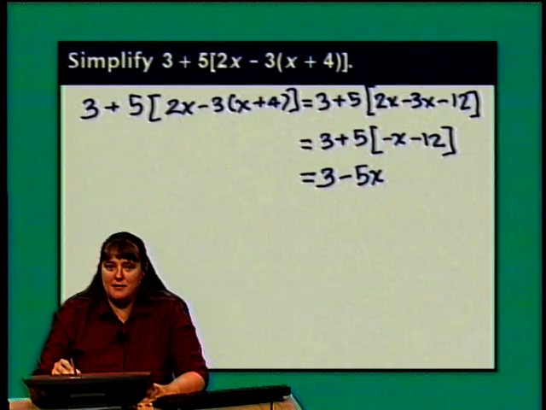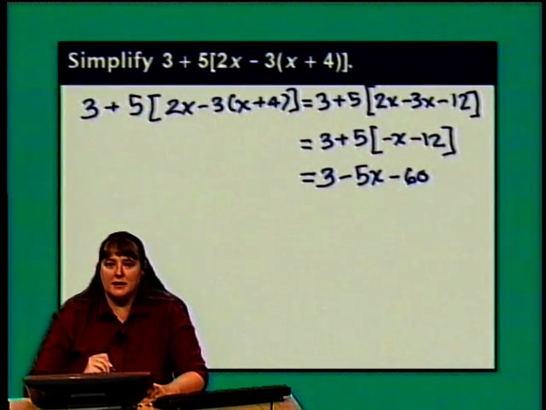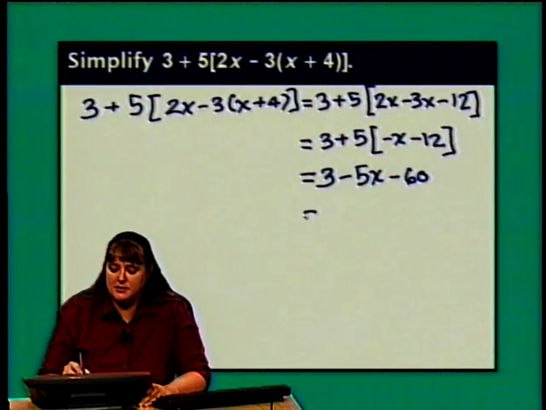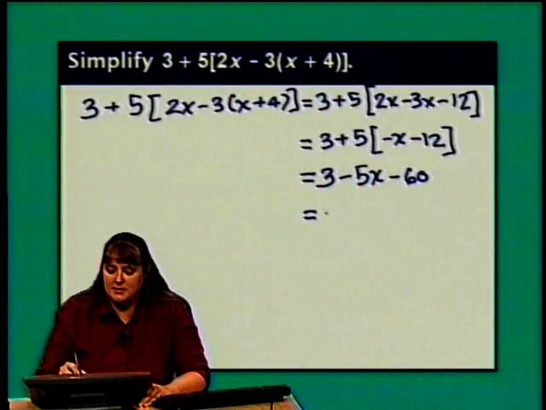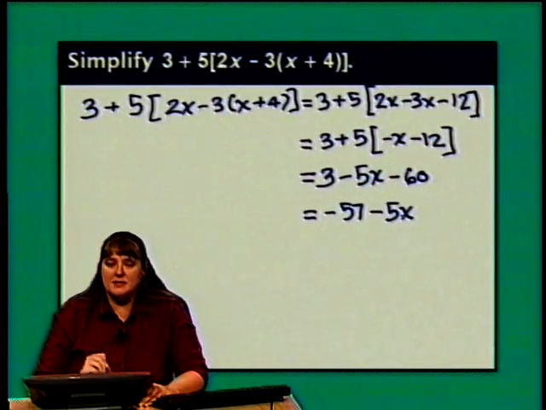So I have 5 times negative 12 is negative 60. Adding negative 60 is the same as subtracting 60. So I'll write that last term down, negative 60. Now my constants, 3 and negative 60, are like terms. I can go ahead and combine those. 3 minus 60 is negative 57. So I have negative 57 minus 5x.